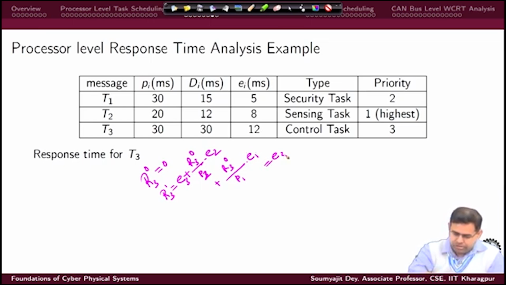So, this is coming just as E3, right, or you can simply take R3 1 as E3, you can just start writing from there. So, that is not a problem. So, this is actually 12, and then the refining of the estimate, you can just write the equation.